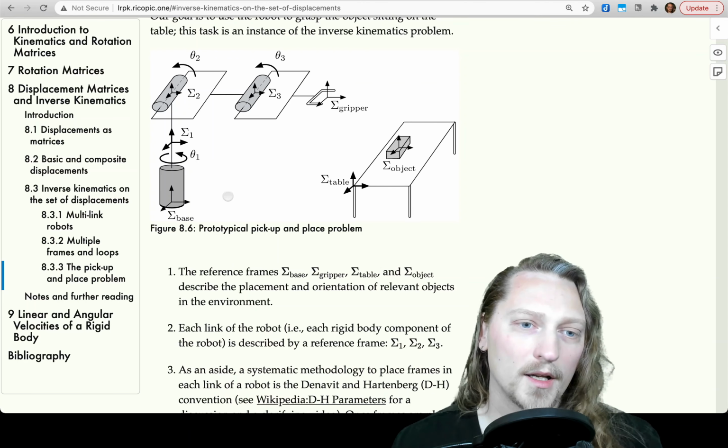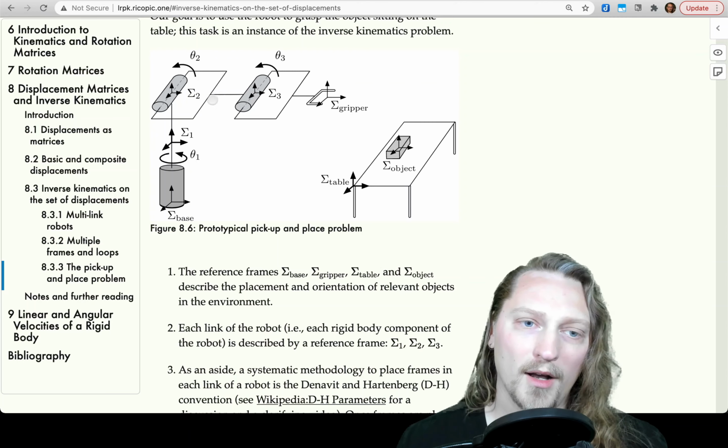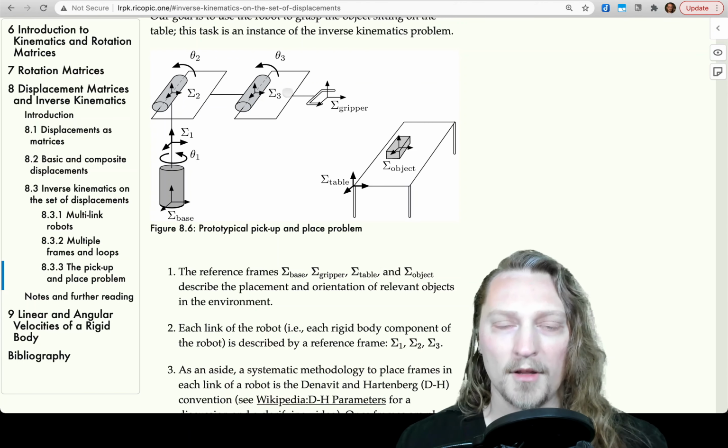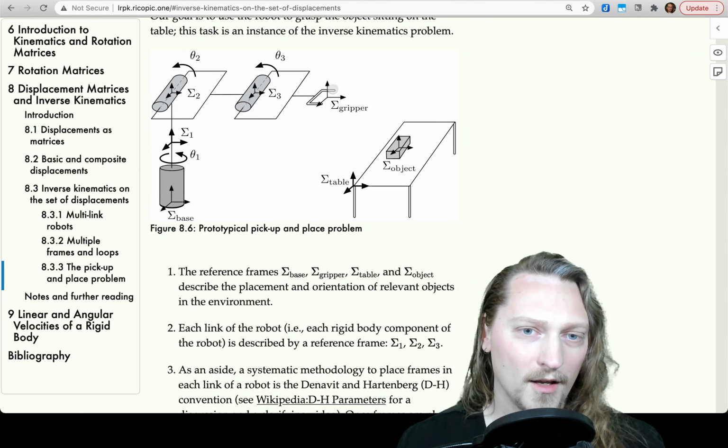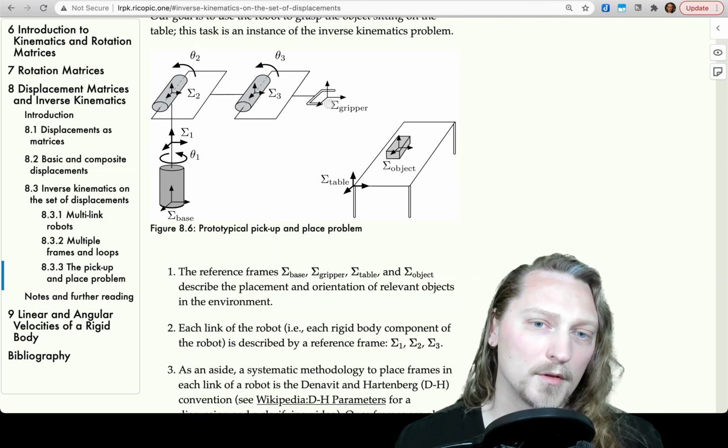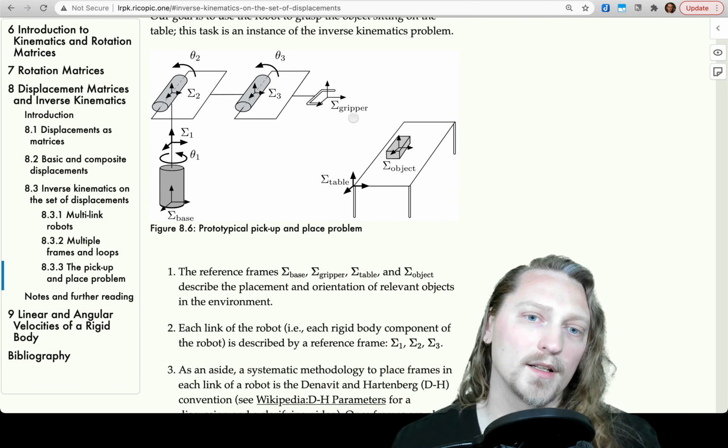And now we're going to go the other way, and we're going to talk about how to go through the robot itself to get to the gripper. So we related the gripper to the object, and now we want to relate the gripper to the robot, if you will, through the robot. So, good. So 6.